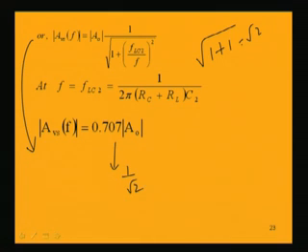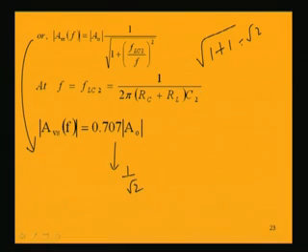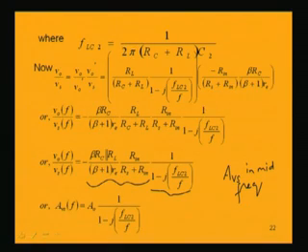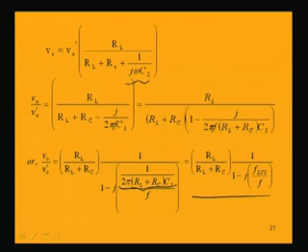That means it verifies that the lower cutoff frequency due to C2, which we have assumed as 1 by 2 pi into RC plus RL into C2, because we have replaced here this FLC2, we are replacing for this quantity 1 by 2 pi into RL plus RC into C2.